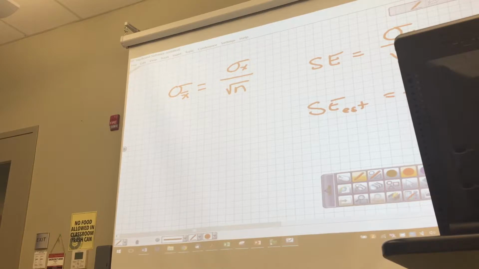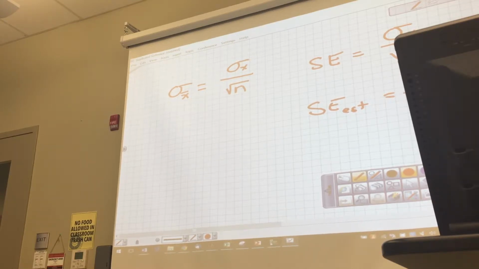Remember when we did the dead rockers and you calculated the mean? You also calculated the standard deviation, right? That's the standard deviation of the sample. We didn't have the standard deviation of the population of dead rockers.